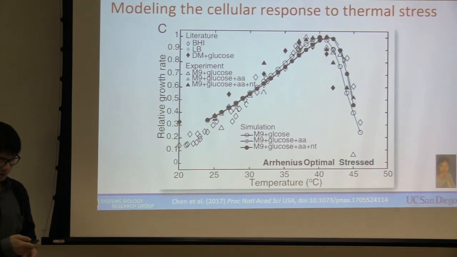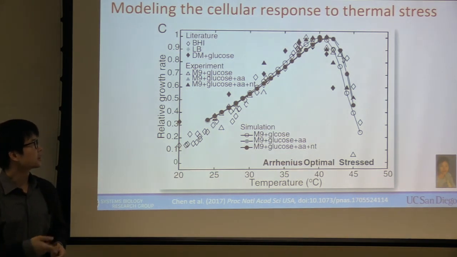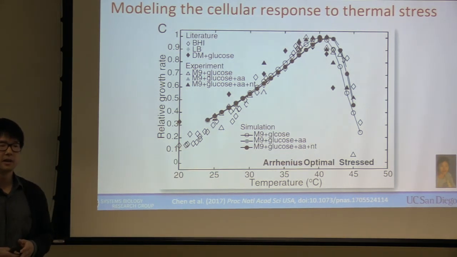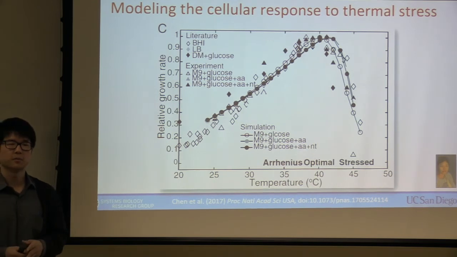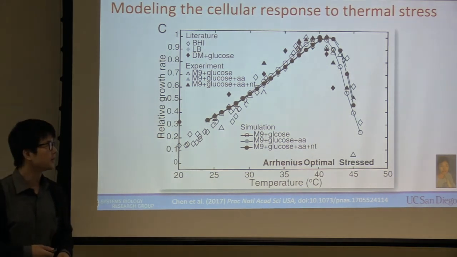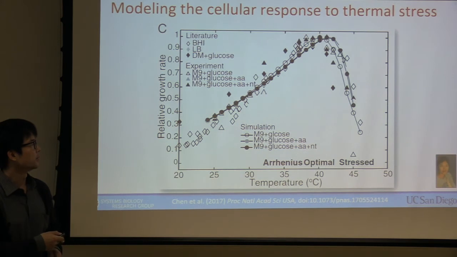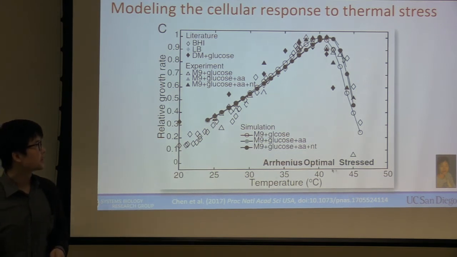It turns out that the growth of E. coli is pretty sensitive to the temperature. If we look at this plot, we have temperatures ranging from 24 up to 46 degrees Celsius, and this is the growth rate relative to the optimal at 37.